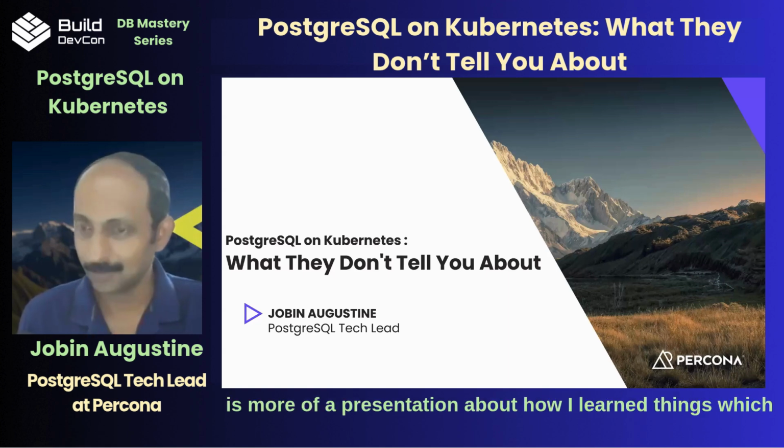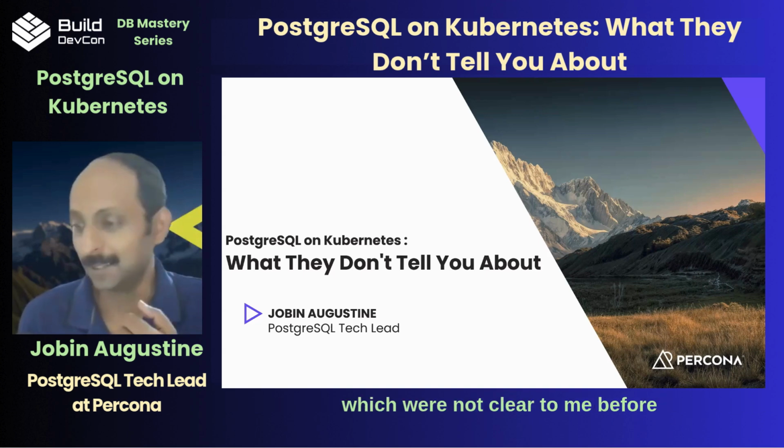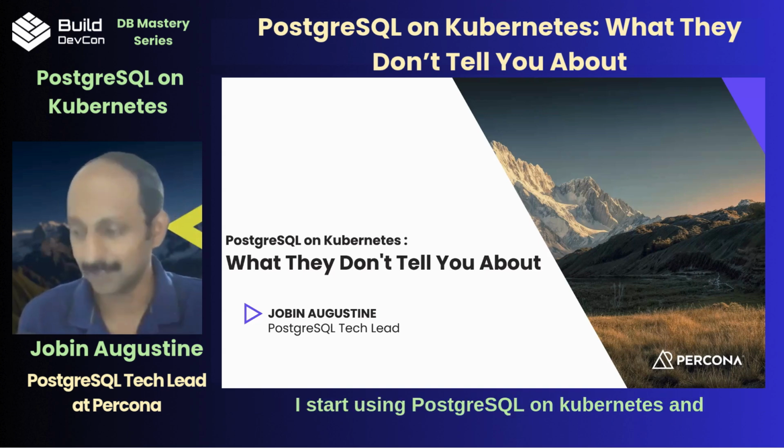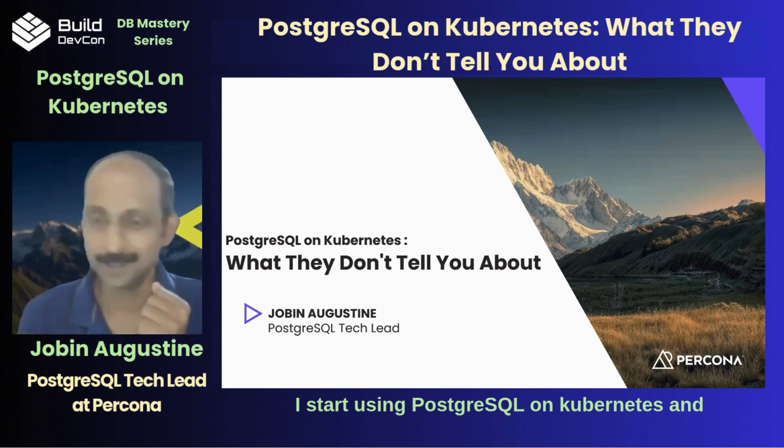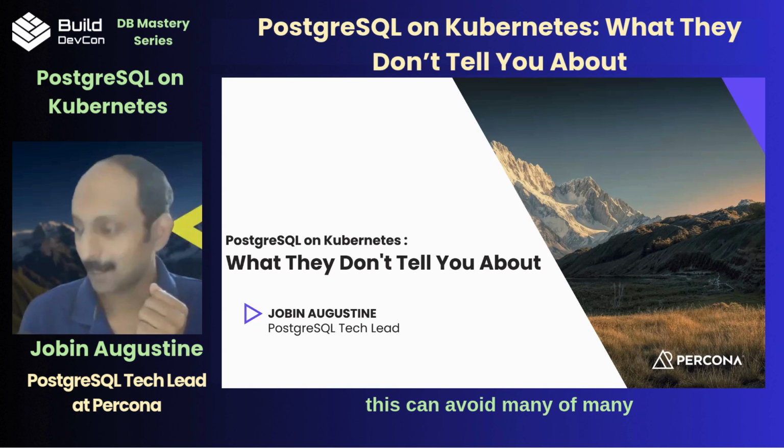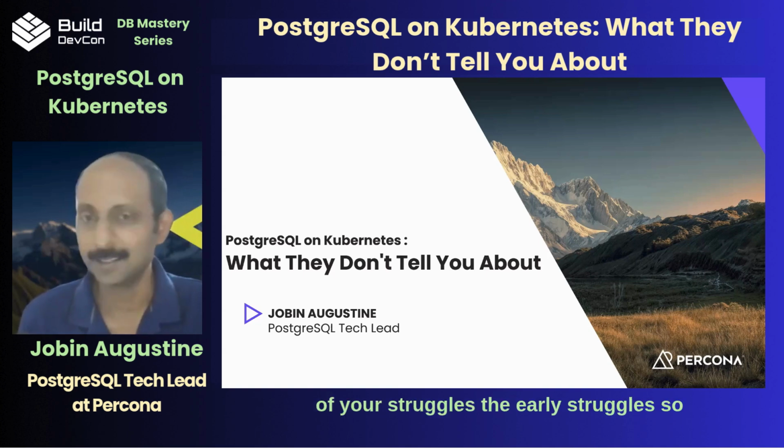So this is more of a presentation about how I learned things which were not clear to me before I started using PostgreSQL on Kubernetes. And this can avoid many of your early struggles.